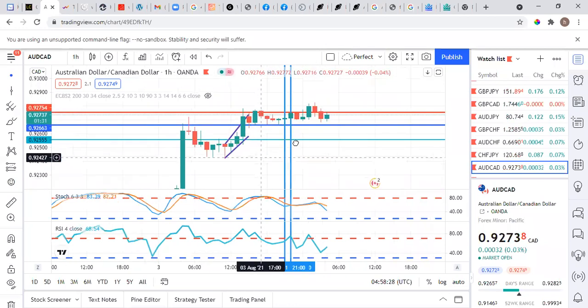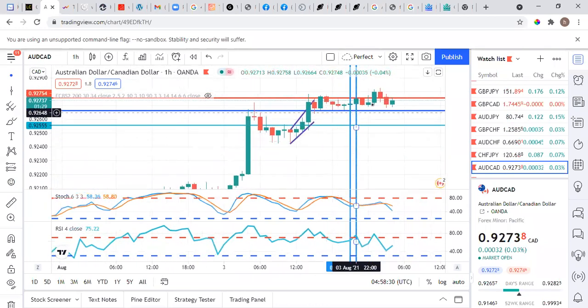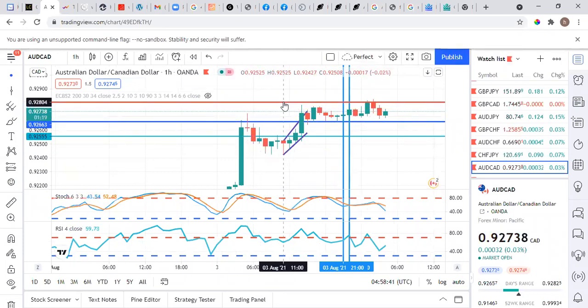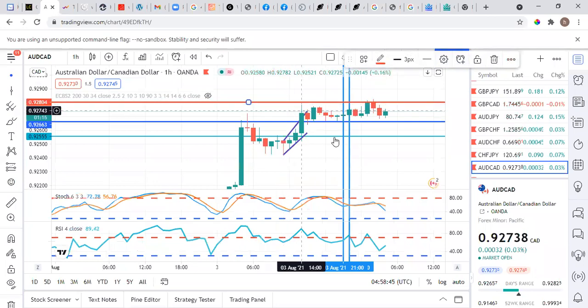This page is showing me the last, let's say, 18 hours or so, and I can see that the ceiling over the last 18 hours is here.